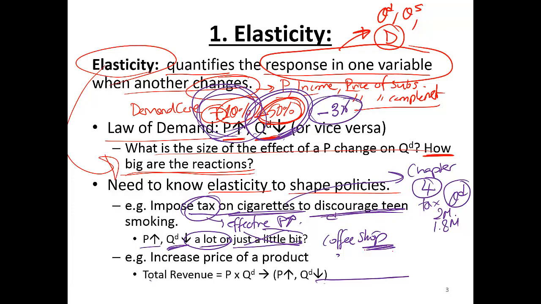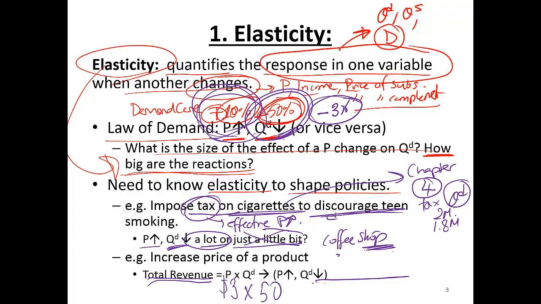So just remember the total revenue definition. Total revenue, we talked about this in chapter 3, on the supply side. Total revenue is the price of the product, let's say I sell coffees for $3 per cup, times the quantity of coffee demanded, let's say 50 cups per hour.